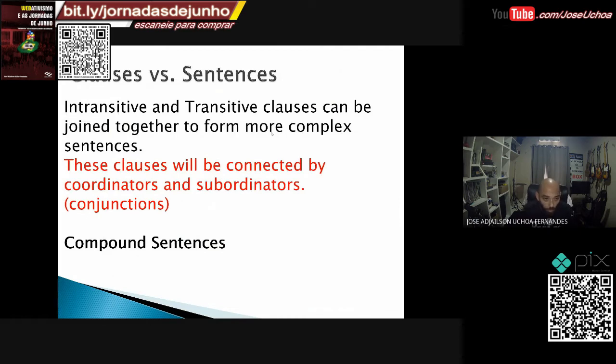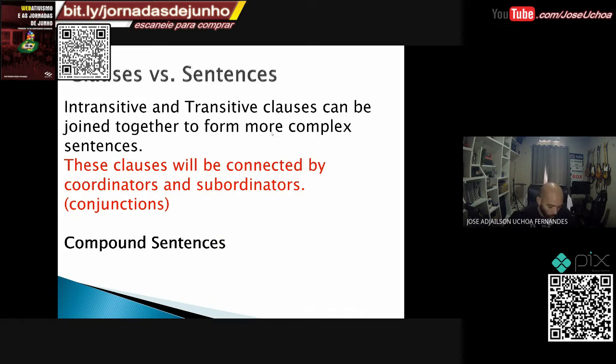Intransitive and transitive clauses can be joined together to form more complex sentences. Okay, and these clauses will be connected by either coordinators or subordinators, as you already know. And we call them the conjunctions, the bigger group of conjunctions, so that they will form compound sentences.